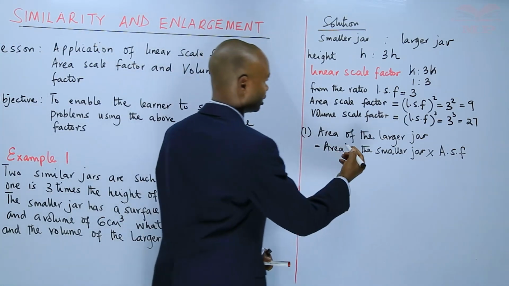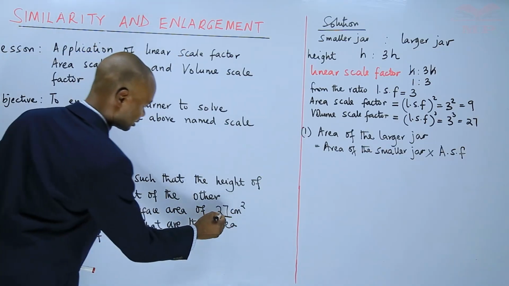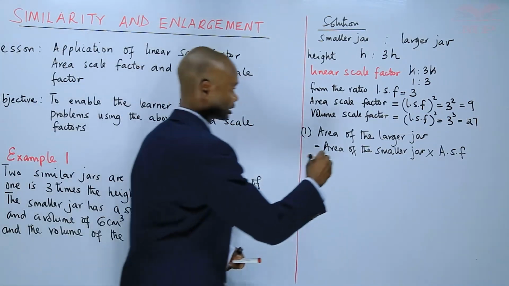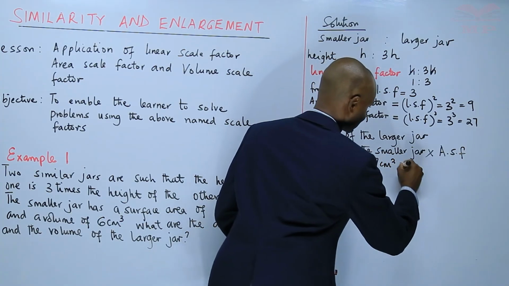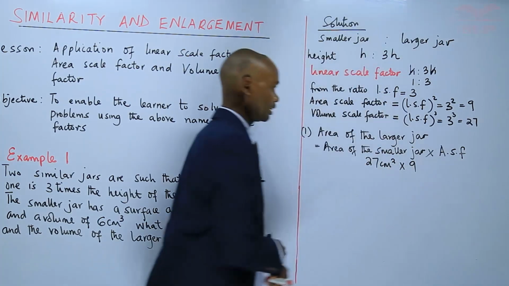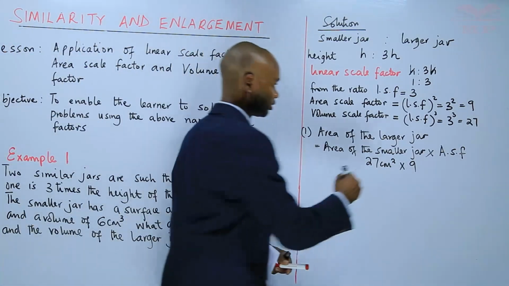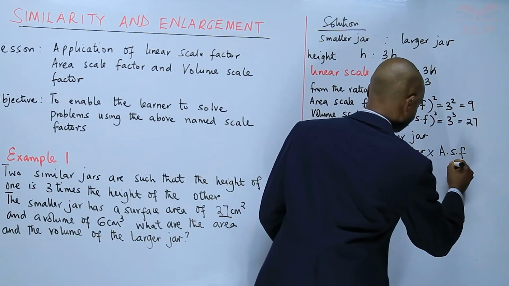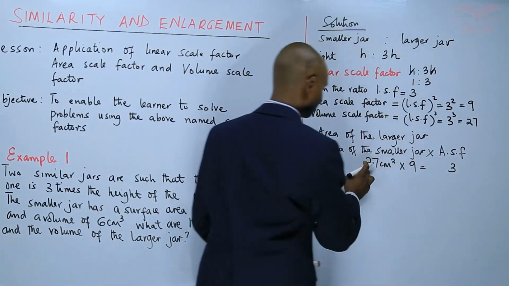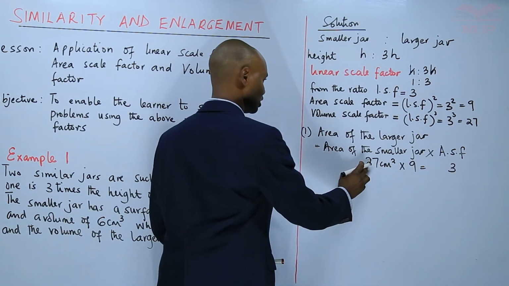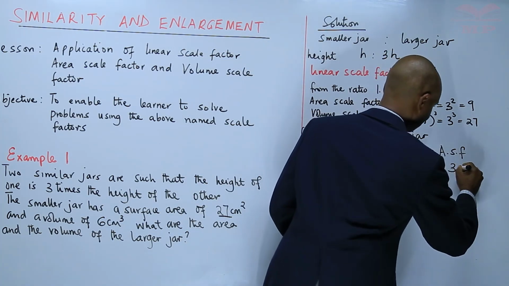The area of the smaller jar was 27 square centimeters, times 9, which is the area scale factor. On multiplying, 9 times 7, 63, carry 6. 9 times 2, 18. 18 plus 6, 24. So that is my area.